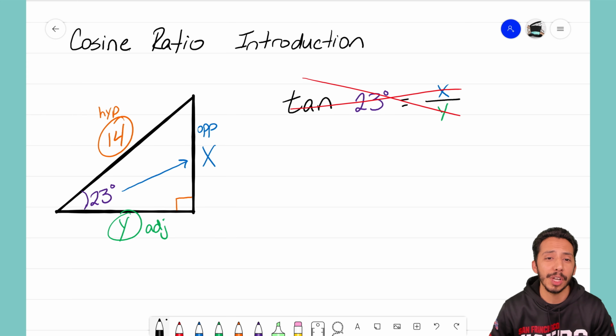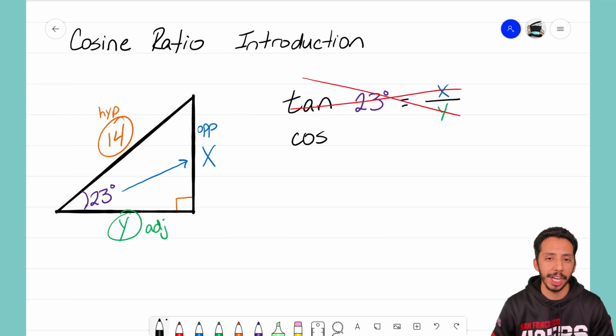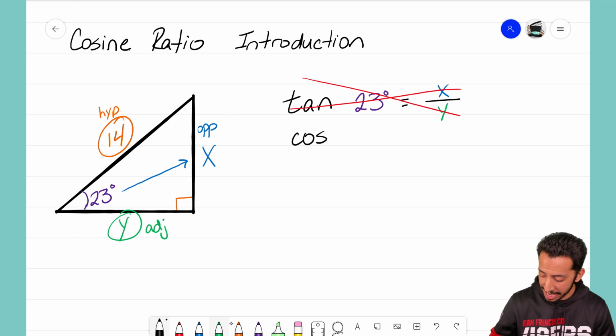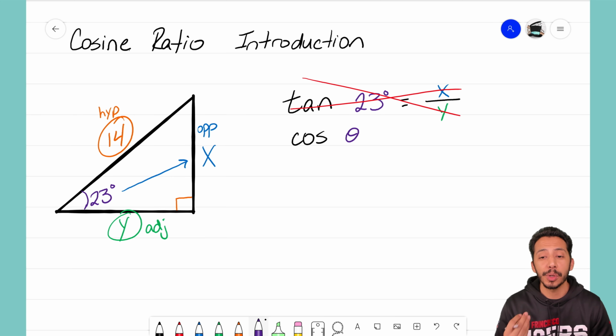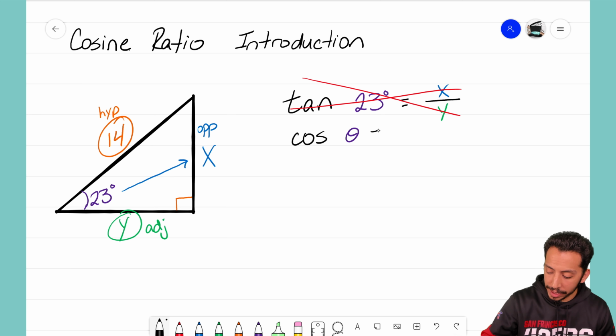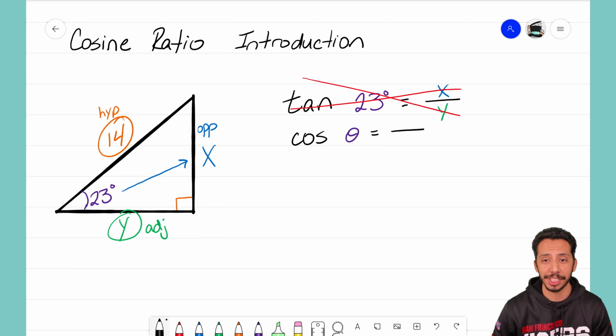Instead, we're going to introduce our new ratio for trigonometry. That is our cosine ratio. We abbreviate it COS. We do not pronounce that cos or cos or cos. No, that right there represents cosine, and it will always be cosine of your angle theta. So cosine of theta will always equal another fraction, and this fraction is very similar to our sine fraction.